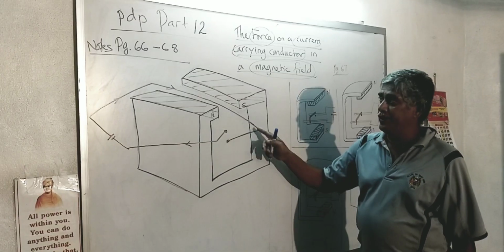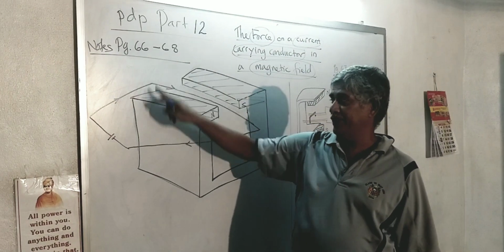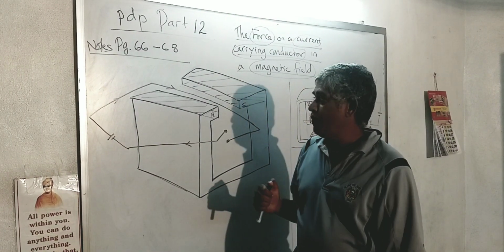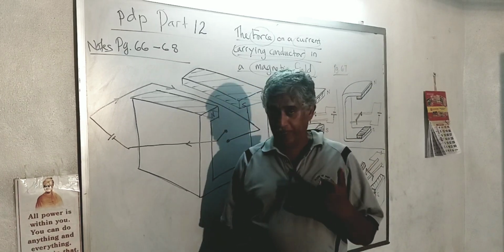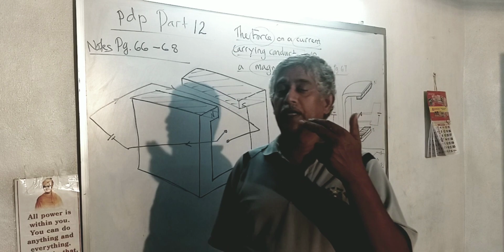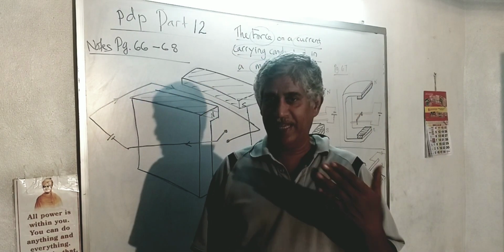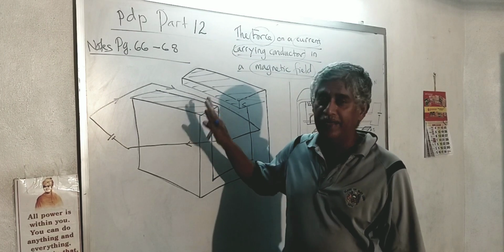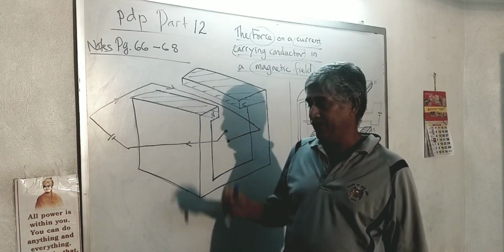As you can see here, you can refer to page 66. What we are interested in now is that force is a vector quantity. So in which direction does this force move? That's what we have to know here. We already know that when two magnetic fields interact, a force is created.